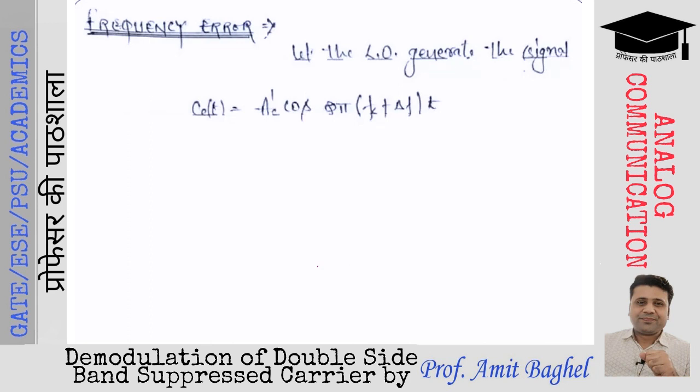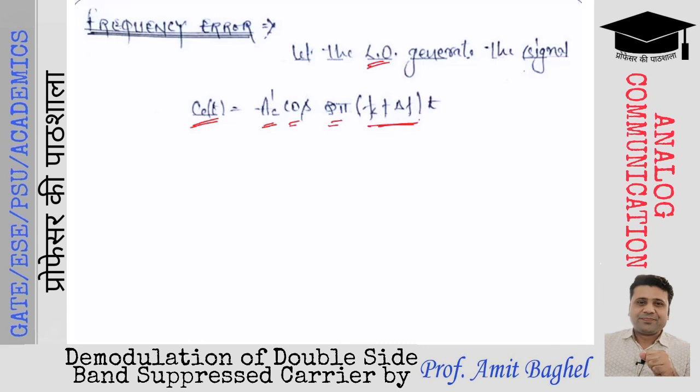It says when the local oscillator generates the signal c_l(t) as Ac dash cos of 2 pi (fc plus del f) t. So instead of a phase error, now the local oscillator generates a frequency error. So in place of generating the frequency fc, it is generating a new frequency which is fc plus del f.